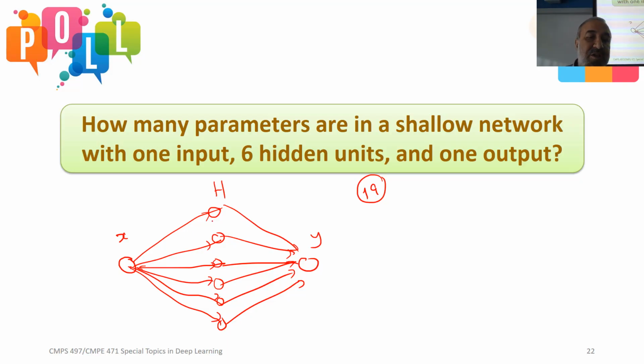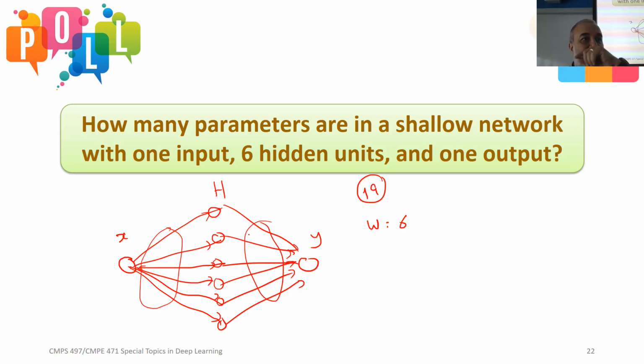So which are the 6 weights? These are 6, right? So we have 6 weights. Any other weights? How about these? They are also weights, right? These are weights multiplied by x, and these are the weights multiplied by the hidden unit outputs.